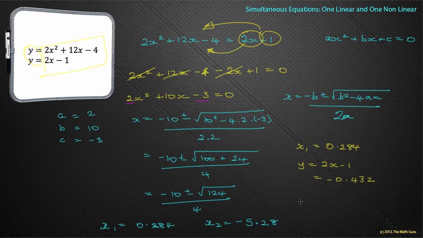And again, if x2 is minus 5.28, then my trusty calculator suggests that my y2 value is minus 11.56. Now that seems horrible, but it isn't, because when both equations are equal to y, you put these two things equal together, do a bit of shifting around, and then use whatever tools you've been given to solve quadratic equations.